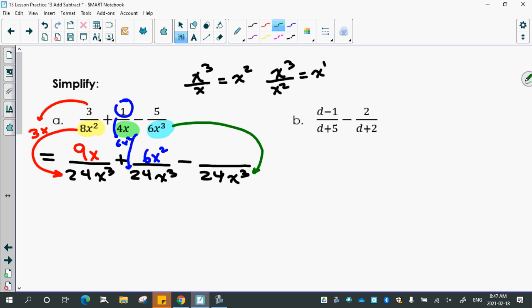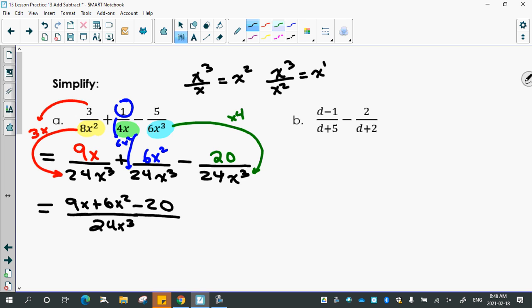Yeah, just 4 because I've already got the x cubed. So just times 4. So 5 times 4 is 20. Okay? So now I've created equivalent fractions, but they all have the same denominator. Once you have a common denominator, you can just keep the one common denominator and add or subtract the numerators. So in this case, my numerators are 9x plus 6x squared minus 20.